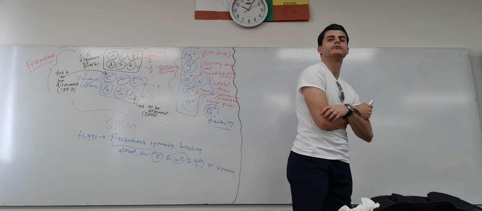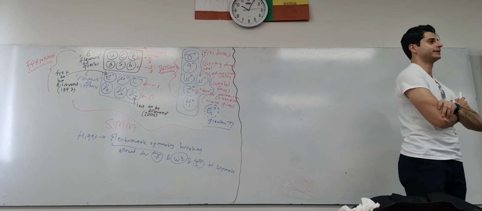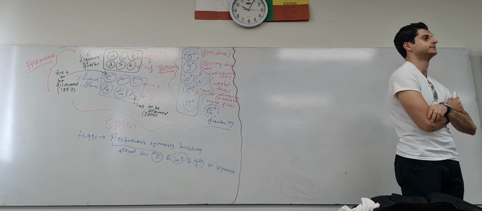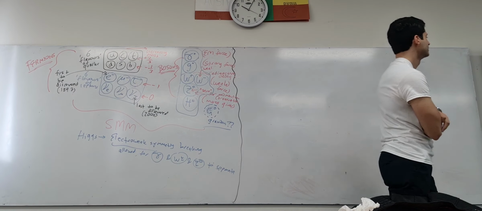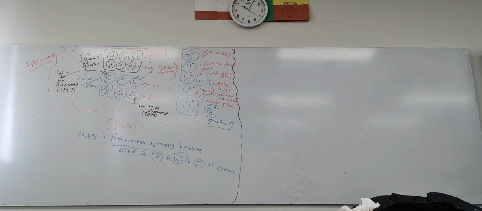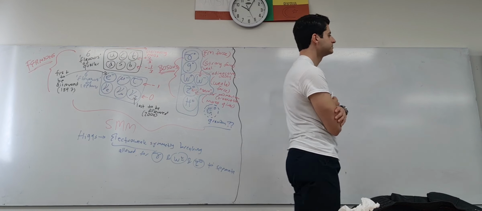You can't really directly detect the Higgs, it's too short-lived. You can only detect it indirectly via particle decay. That's a very small number, but it was very exciting seeing that.